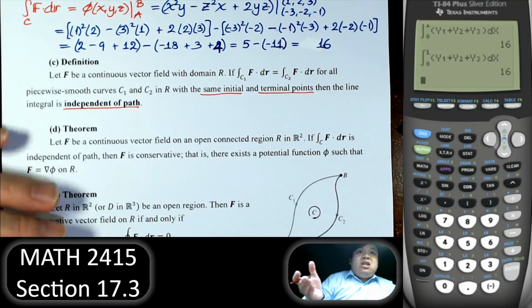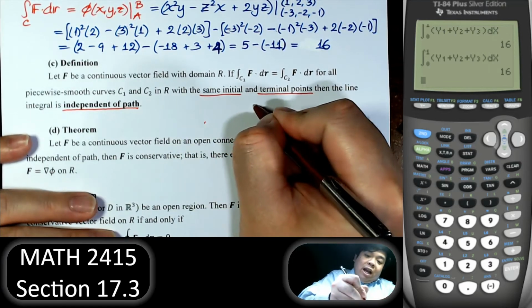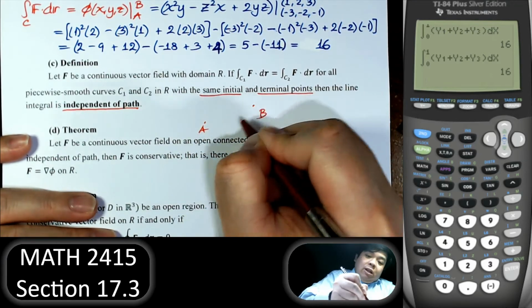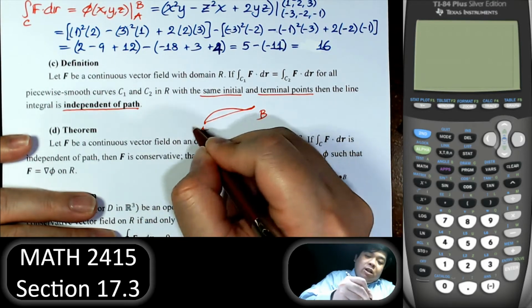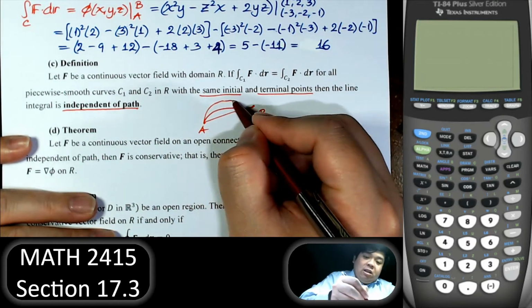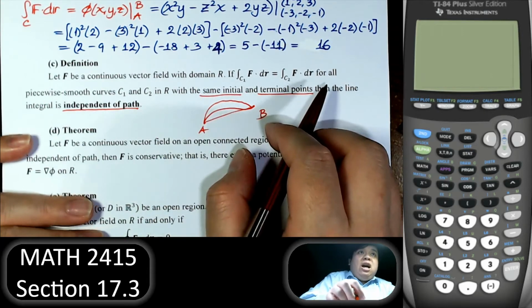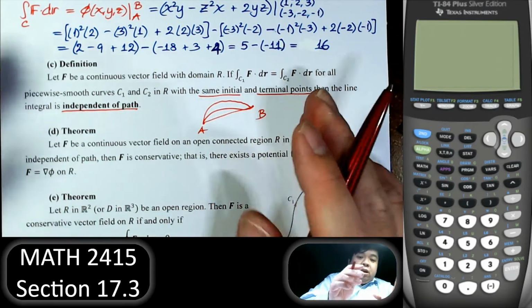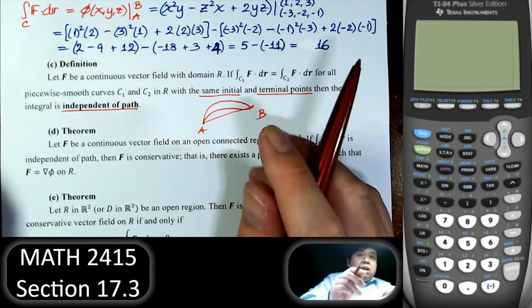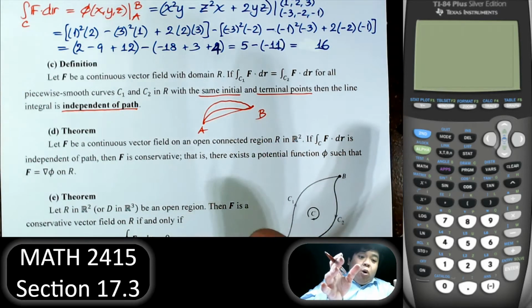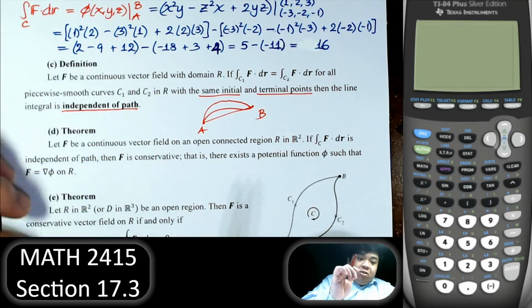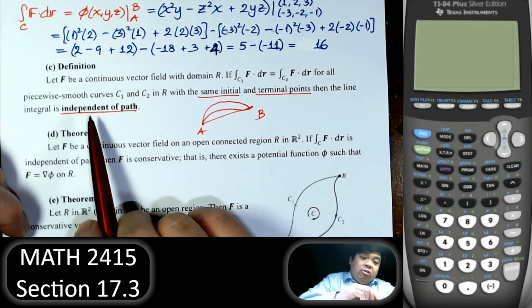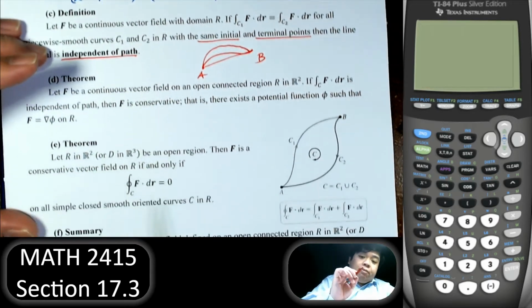So just like the last example we did, it doesn't matter how we go from A to B. We can go directly from A to B, or we can go any path. It doesn't matter. Those line integrals will be equal to the same thing. But like I said, it doesn't work for all of them. There have to be certain vector fields that satisfy this condition. So for now, we define that to be independent of path.